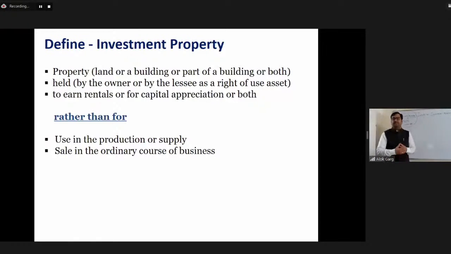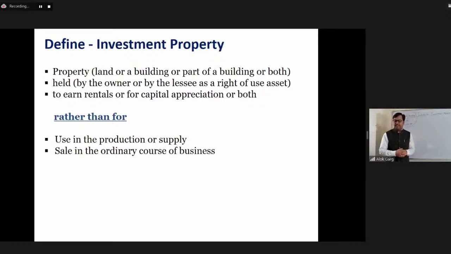Okay, yes. So Ambika is asking, sir, land or building given on lease is not covered here, isn't it? Ambika, land or building given on lease is covered under IndAS 116. But we need to see if it is given on rent, then it will be covered under investment property. So the right of use asset has been shown under investment property.